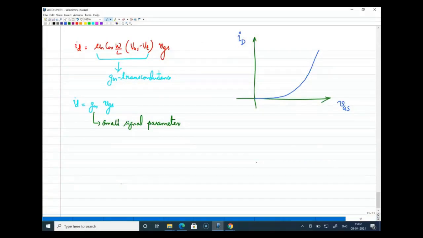Now, the x-axis is a combination of DC and AC. That means this AC voltage is always sitting on a DC voltage. I will mark something like this. There is a DC VGS, which we call the DC operating point, and on that DC operating point, if there is a small signal voltage, that is what you see here.